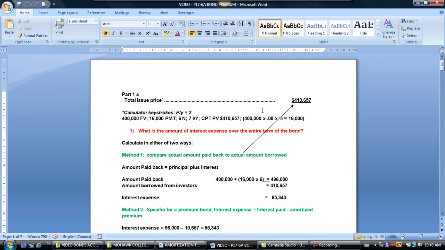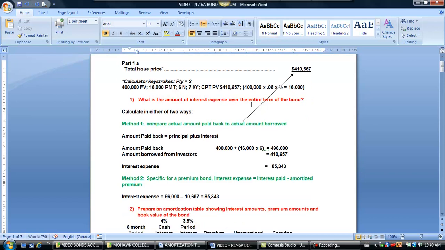Now, if we asked you to calculate the value of the interest expense over the entire term of the bond, let's see how we could do this. The one way that will always work for students is to use the first method, which compares the actual amount that you're paying back to the investors to the actual amount that you borrowed.